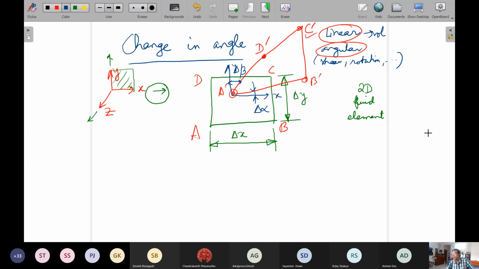Again, the change in angle is not important, just like change in length or change in volume, because you allow more and more time. These changes will be just more and more. So what is important is the time rate at which this delta alpha, delta beta, are all changing.